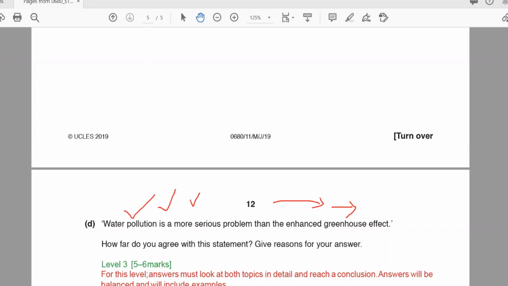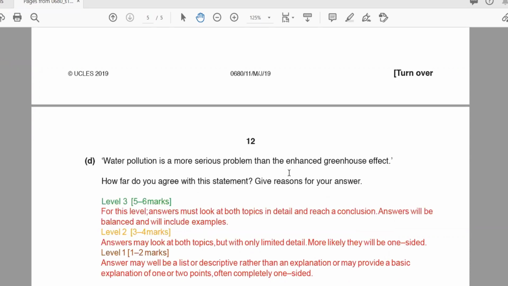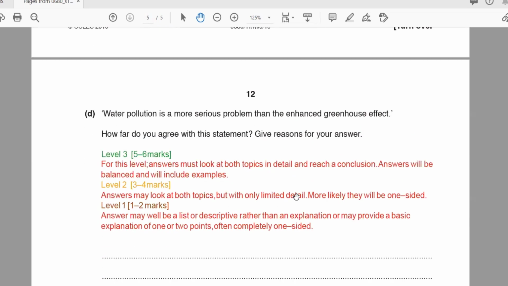Everybody got this idea? Yes. Okay. So here, there is no need to just write the problem, saying yes, it's a problem because this happened like this. No, you have to compare both of them. They have given you plenty of space here, and you have to make a strong answer. If you are saying yes, at that time you will tell that this is a serious problem, because they are not telling you here that every student has to show that the water problem is serious.